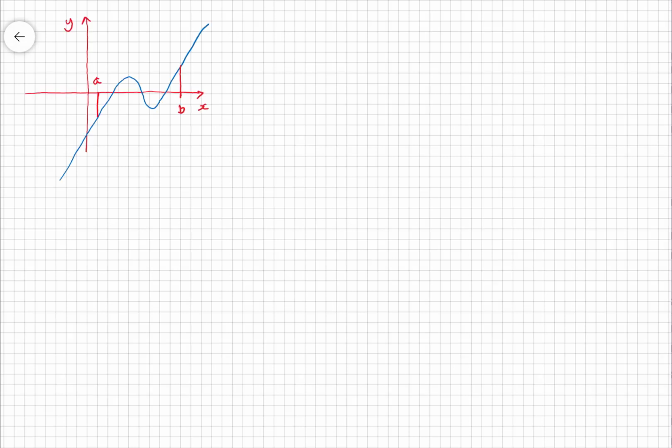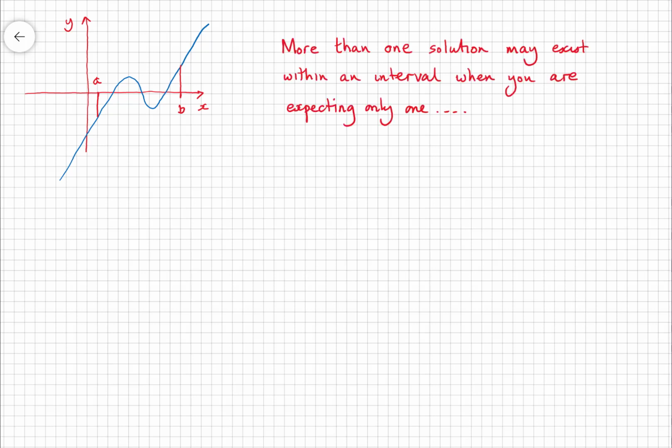For example, in this graph, we have an interval, and within that interval there is definitely a change of sign. We might be expecting just to find a single solution, but actually there are multiple solutions. So more than one solution may exist within an interval. And we can overcome this by looking at smaller intervals.